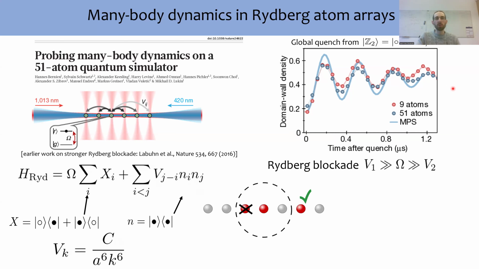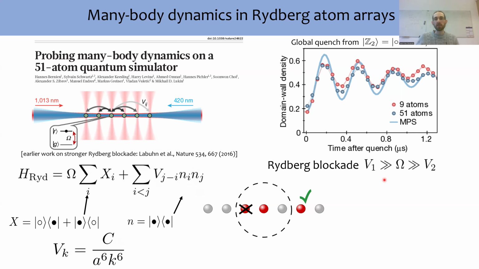So what do we mean by blockade? Well, it's some special regime of the parameters where the nearest neighbor interaction is extremely strong. It's like the dominant energy scale, much stronger than the flip term, which is itself much stronger than the subsequent longer range interactions. So essentially, we can forget about these longer range interactions because they're really a minimal energy scale.